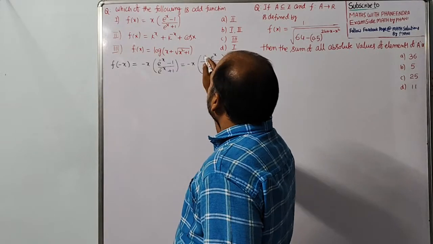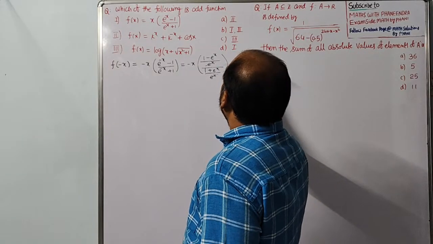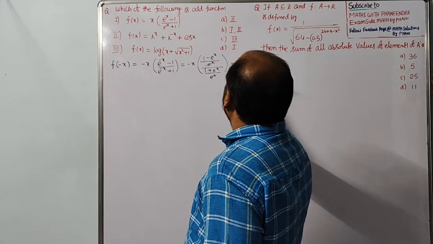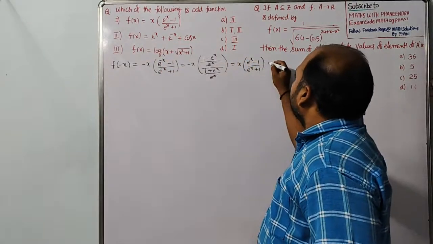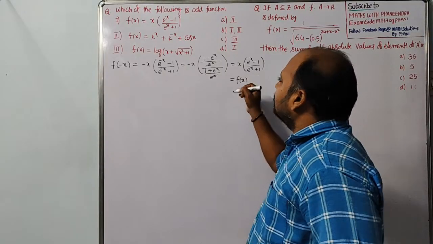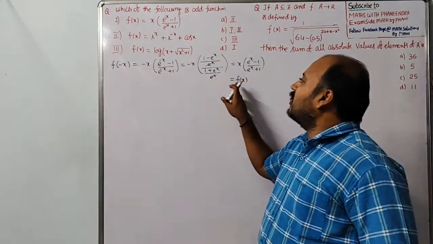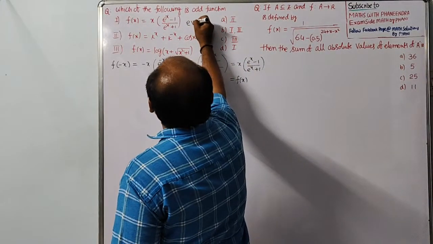These two will be cancelled. If you take common minus, multiplying by minus, you will get x(e^x - 1)/(e^x + 1). As it is the function we have, here I am writing f(x). f(-x) = f(x) means it is an even function. So this is not our answer.